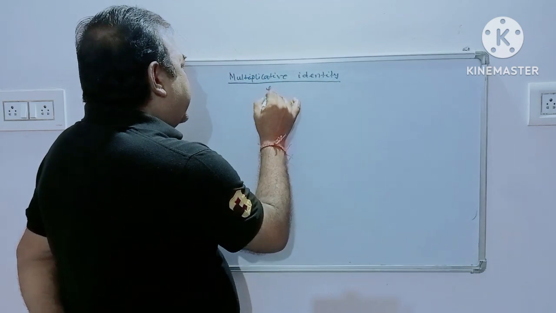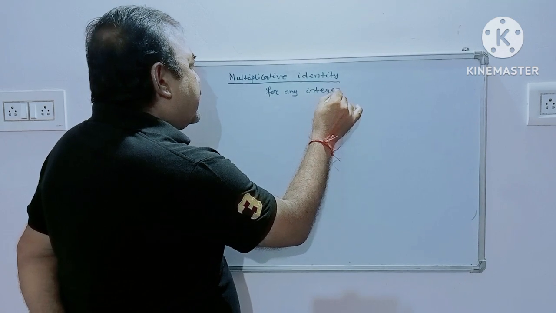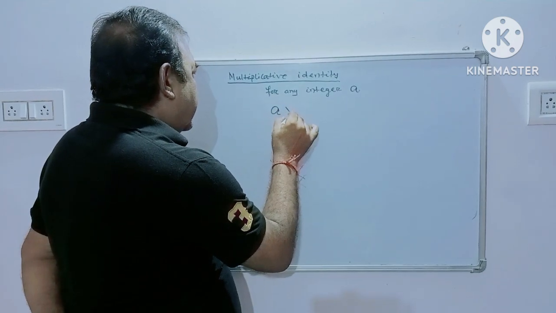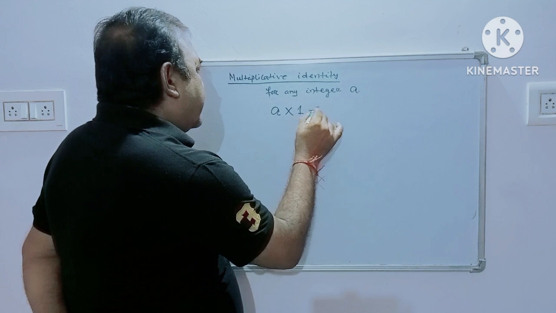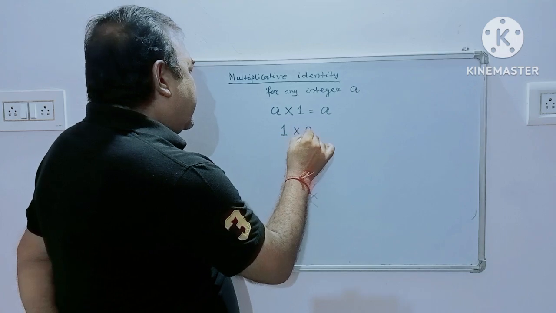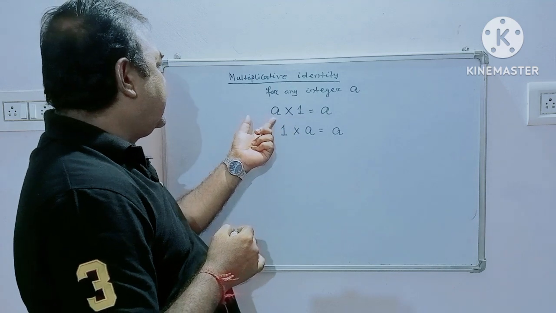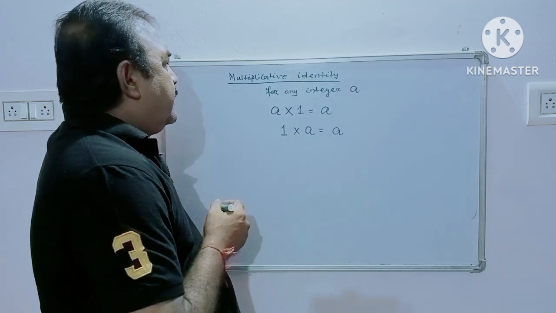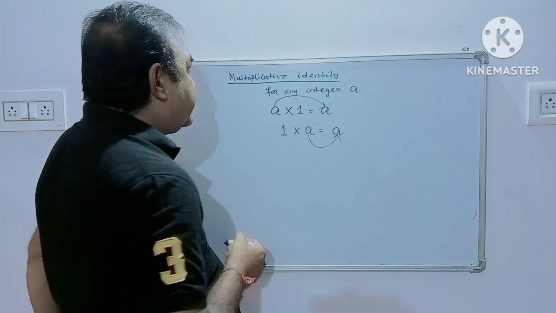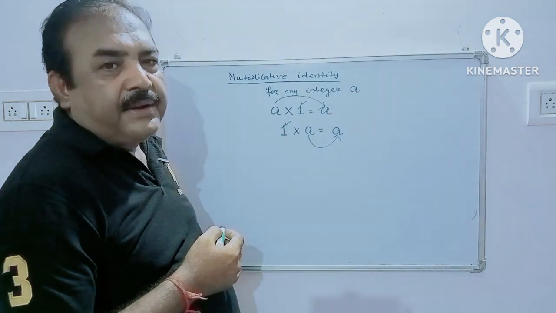For any integer a, a into 1, the product is a, and if you multiply 1 by a, then the product is a. There is no change in the integer. The same integer is here. So 1 is called the multiplicative identity.